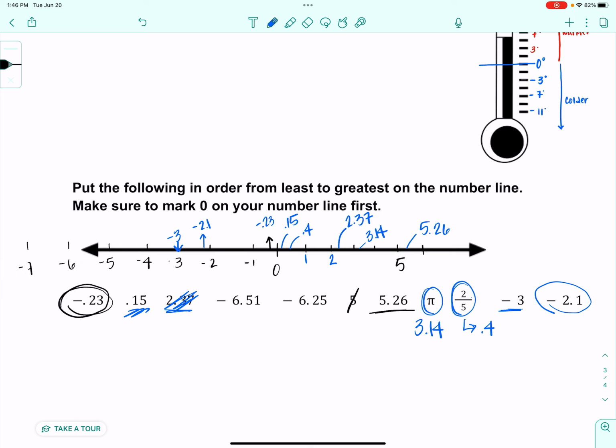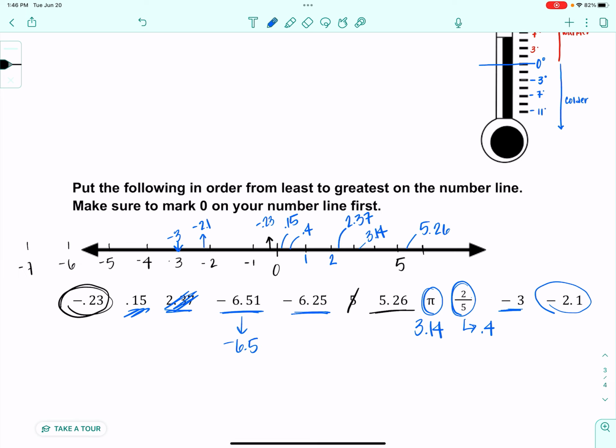Now I have to decide which one is going to come first, the -6.51 or the -6.25. -6.51 is really close to -6.5.